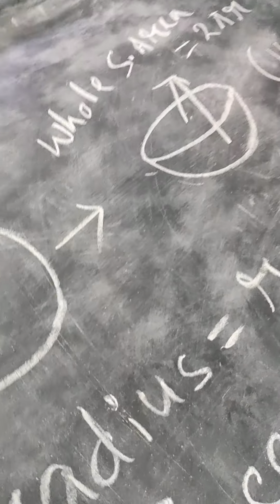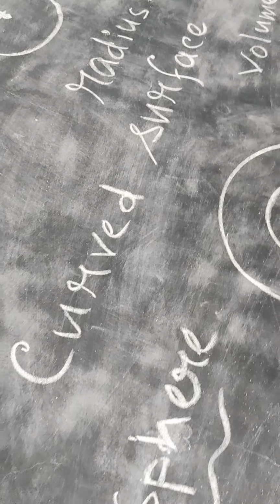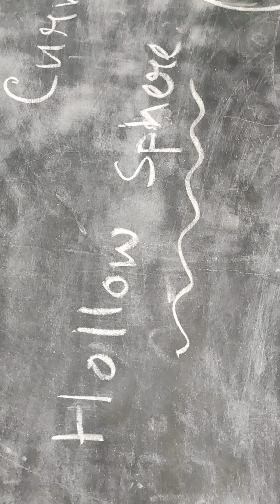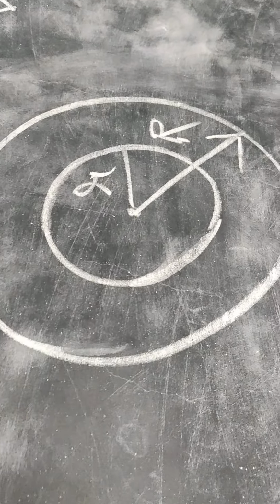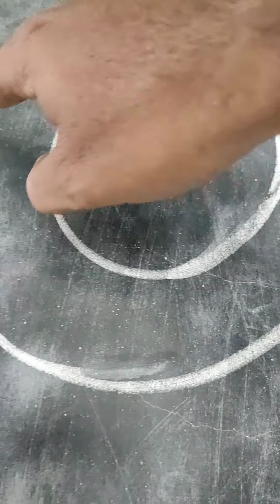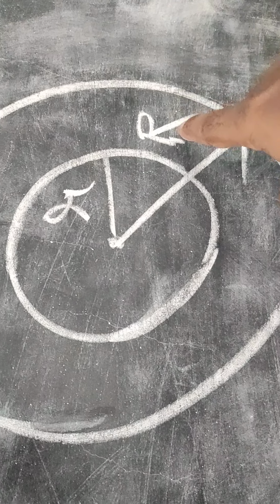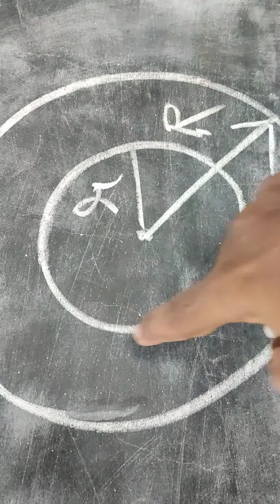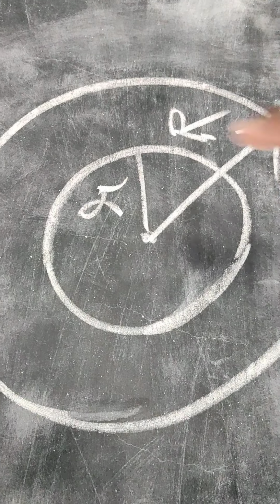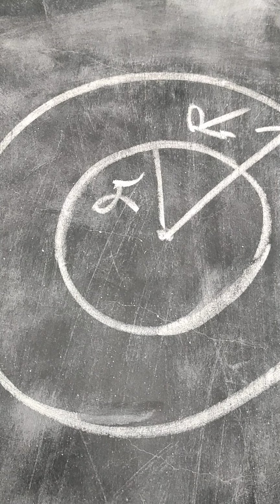Now for a hollow sphere, see the drawing. There is an outer circle that is bigger. The radius is capital R, and the small circle, the inner circle, has radius small r.